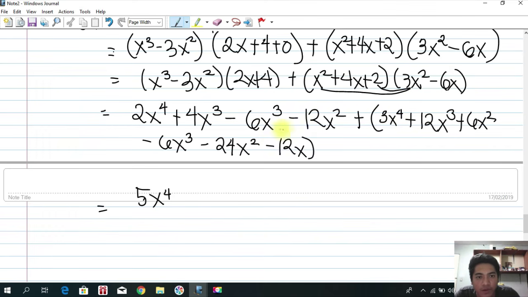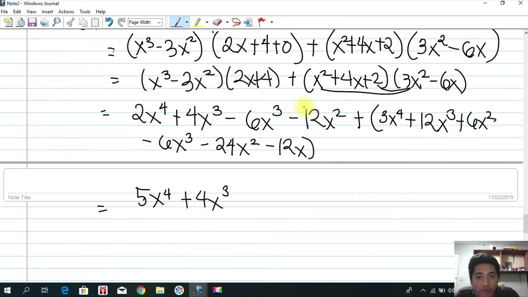Then we have here 4x cubed minus 6x cubed, that is negative 2x cubed, plus 12x cubed, that is 10x cubed, minus 6x cubed, that is plus 4x cubed.